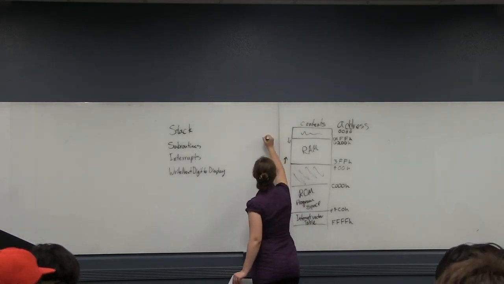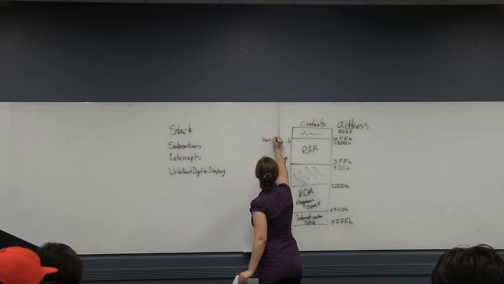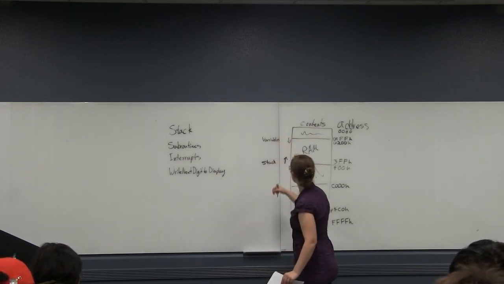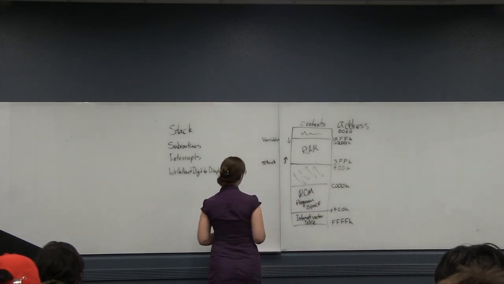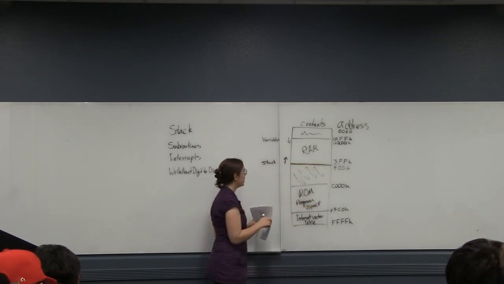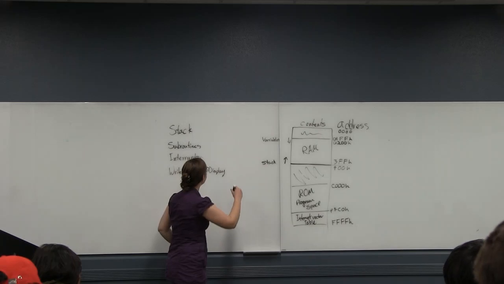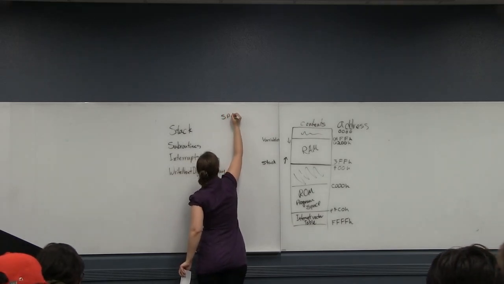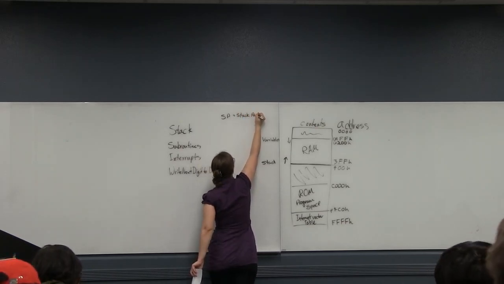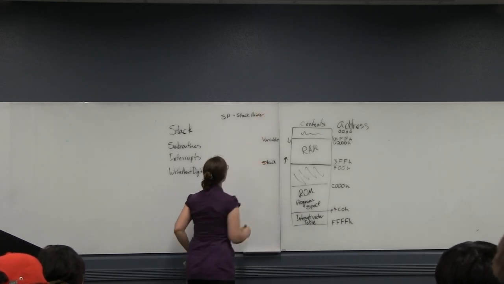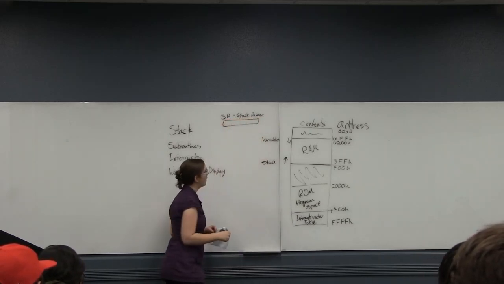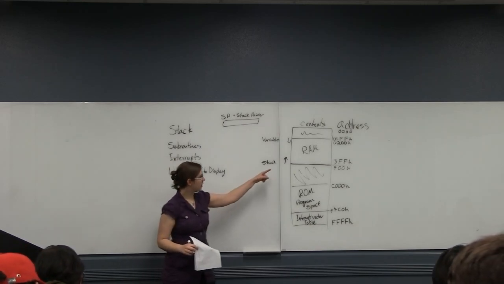To start with, the stack is in RAM, and it's built up from the bottom. And our variables are built down from the top of RAM. To keep track of our stack, we have a stack pointer, a register that holds the address for the top of stack.